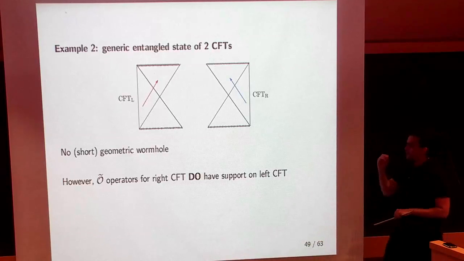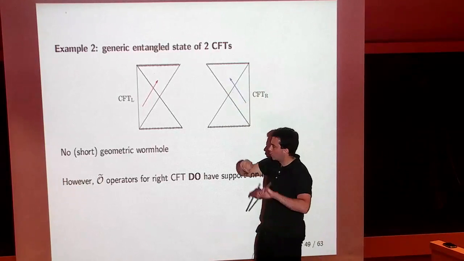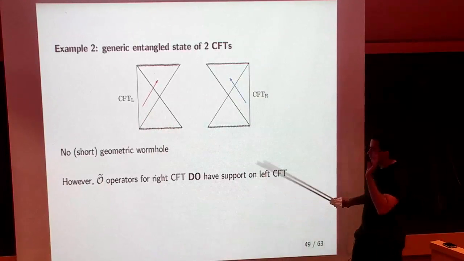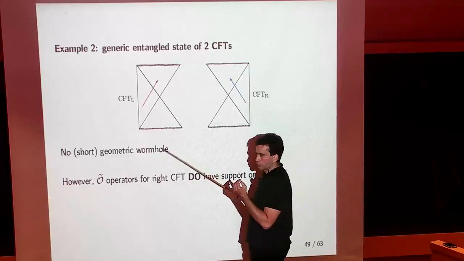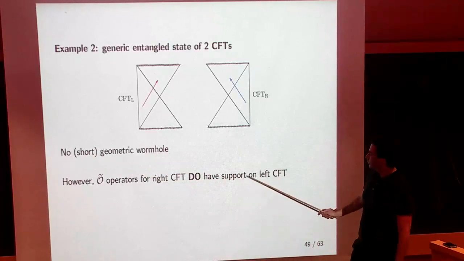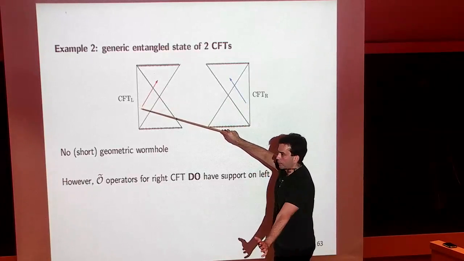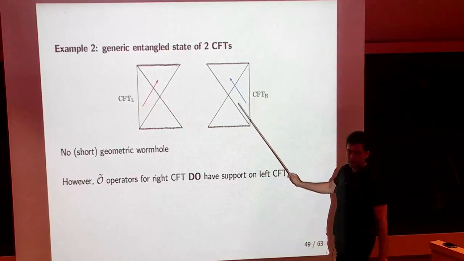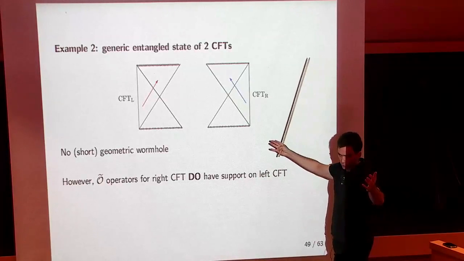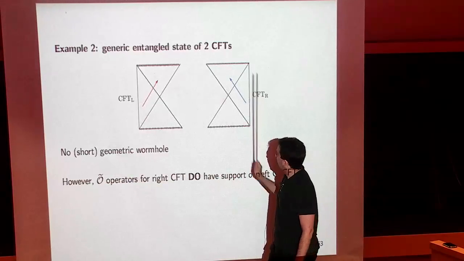The statement here is you define the mirror operators for this side, and then you reconstruct a smooth interior. If you want, you can do the same thing from the other side, but they don't communicate within effective field theory. So there's no short geometric wormhole. However, you can show that if you act on this CFT with arbitrarily complicated operators, you can still affect the experience of this observer, which means that there is some sort of long non-geometric wormhole. Or in other words, the mirror operators of tilde relative to this state have support on the other system.